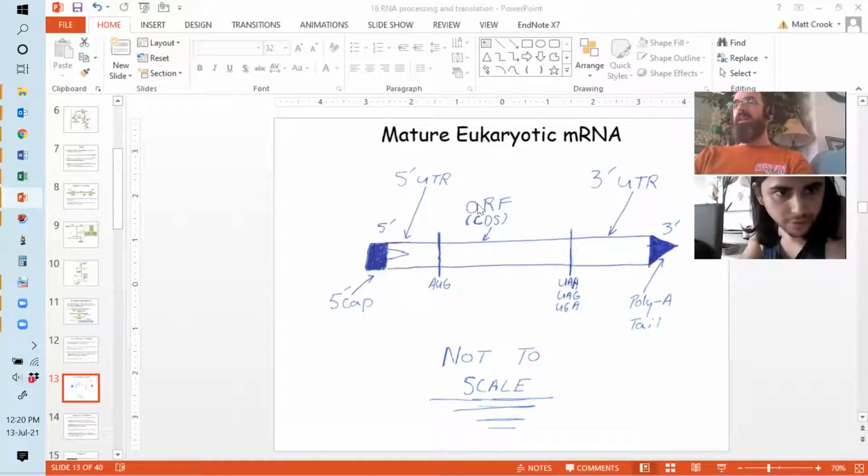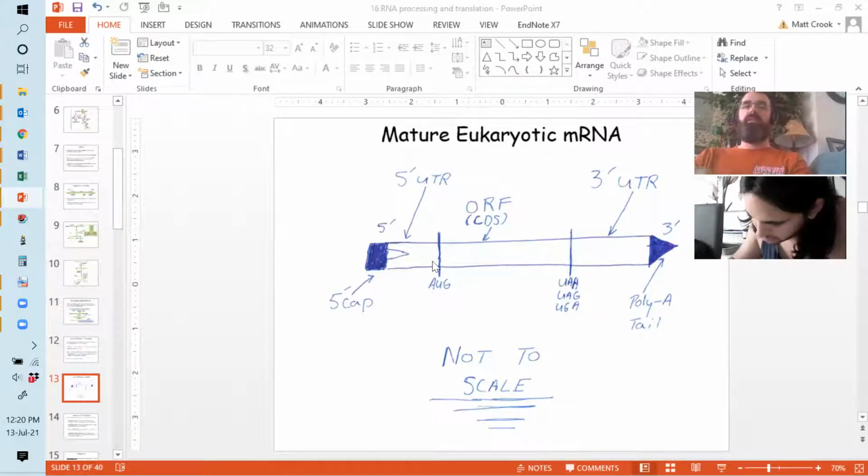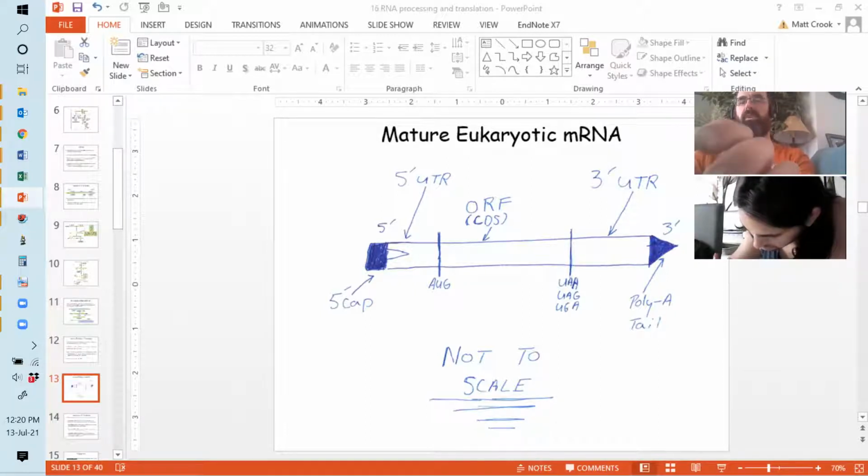The beginning and the end of the coding sequence is defined by the start codon at the beginning and the stop codon at the end. There are 3 possible stop codons: UAA, UAG, and UGA. That's one I always forget.